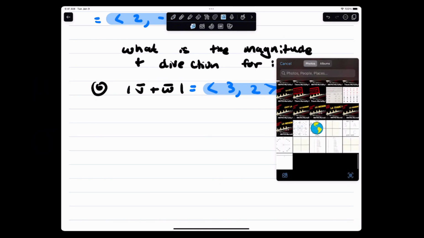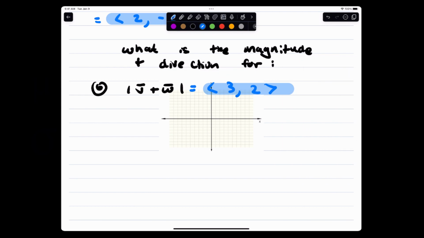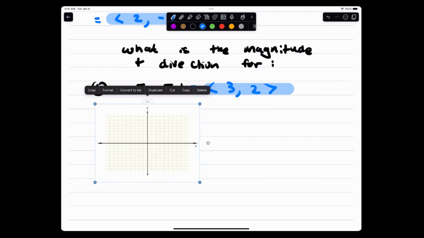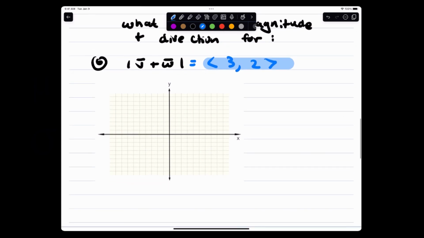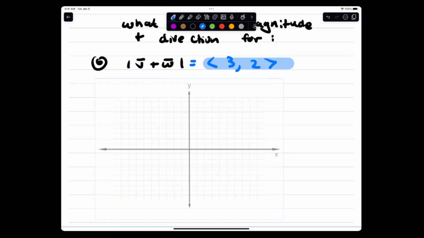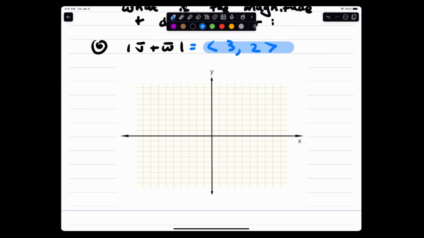So what I'm going to do here is I'm going to bring in your graph here, because I want you guys to see something extremely important. At least for now. What did we do yesterday? Do you guys remember what we did yesterday? Didn't we graph these vectors?